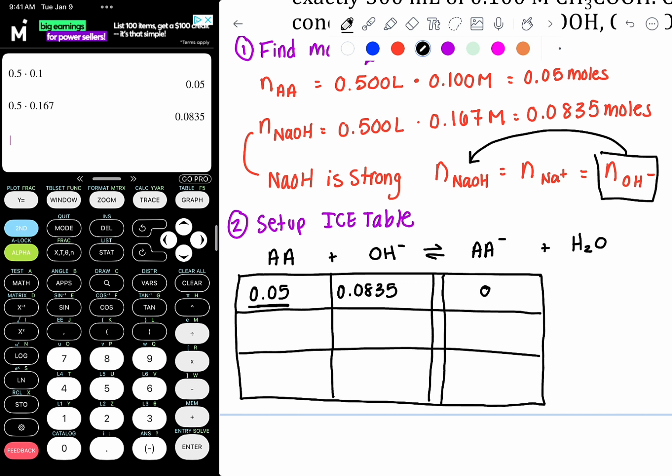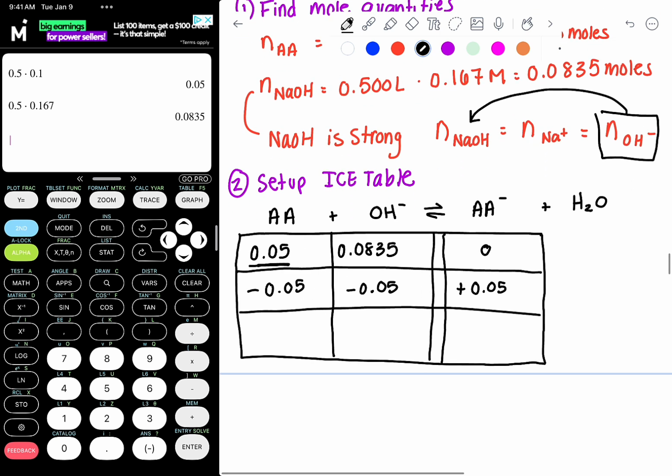So my X value, instead of writing minus X or anything, we're just going to say that this value decreased by 0.05. And that our acetate ion value increased by that factor. So I had to create that ion. Okay, so that is the one difference in these ice tables as we're solving them in these homework problems.